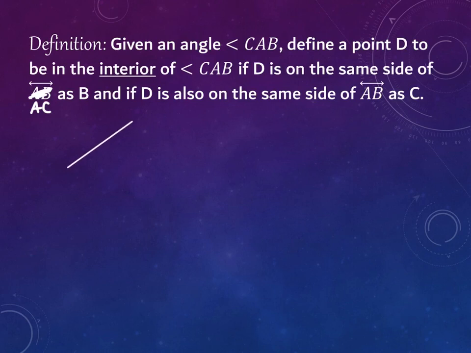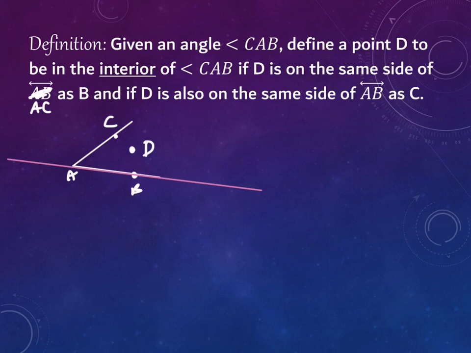So if we were to draw this picture in, because this may feel like an awkward way to describe this, we've got our angle, and here's our point D. So B, A, C. If I were to talk about extending or considering the line itself through AB, it looks something like that.